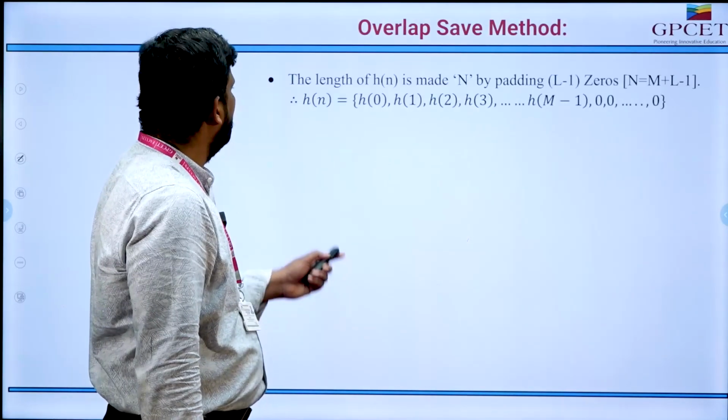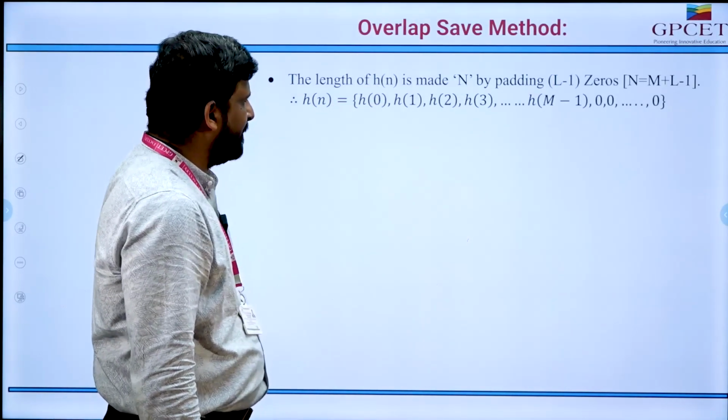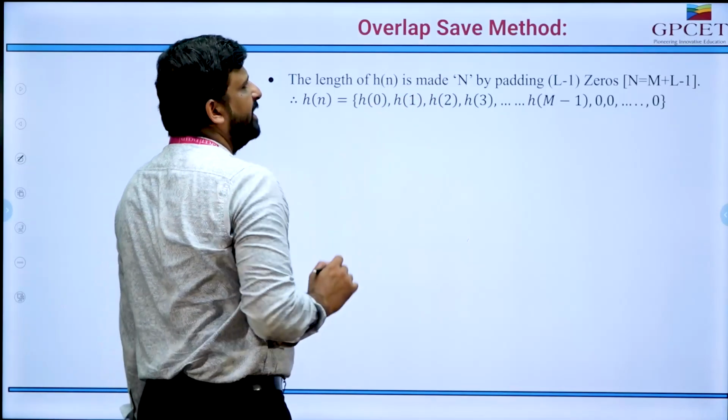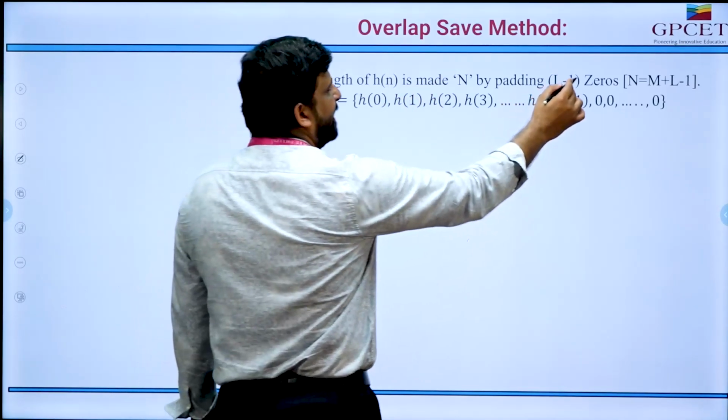In the next step, the length of h of n is made N by padding L minus 1 zeros.